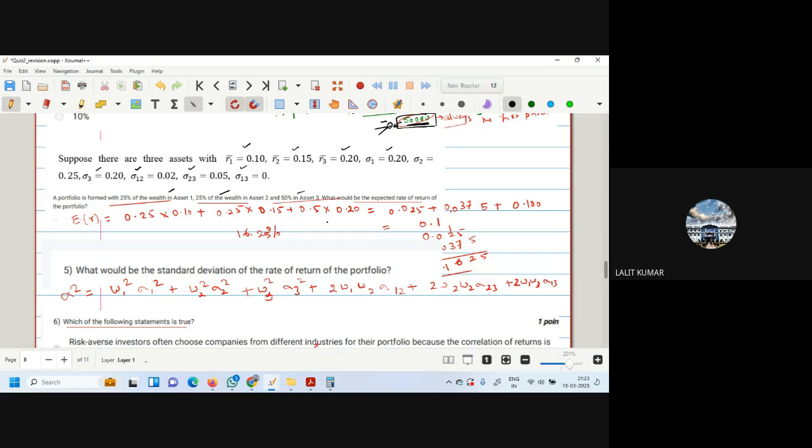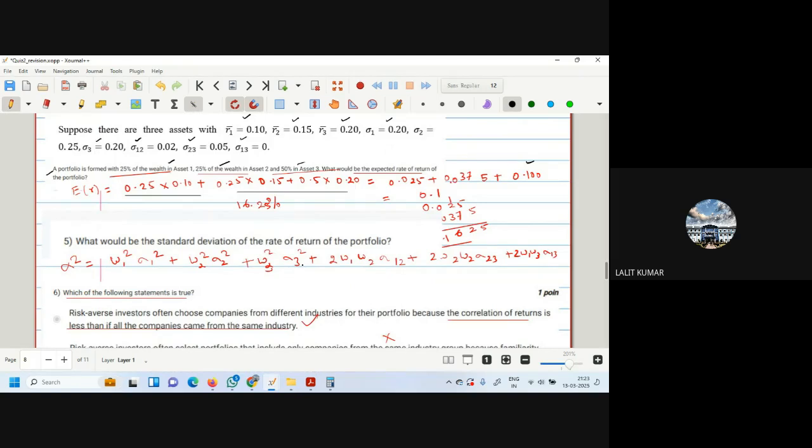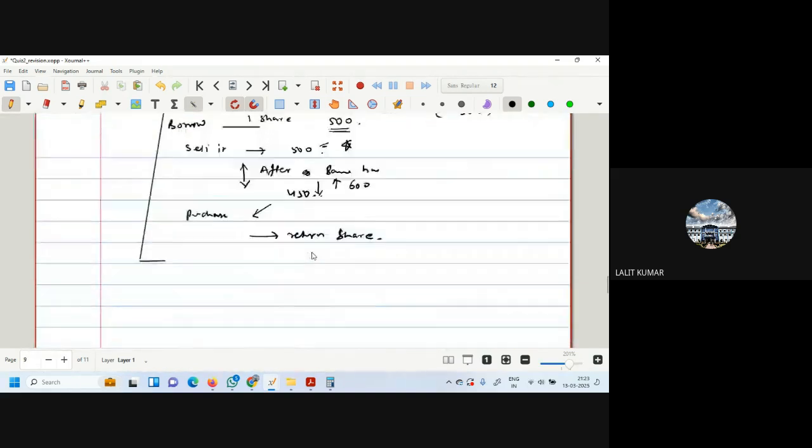What would be the expected rate of return of the portfolio? Straight away, we just put in the weights and the expected returns, so we get this. Second, what would be the standard deviation of the rate of return of the portfolio? The same formula which I told earlier will be applicable for three assets also.